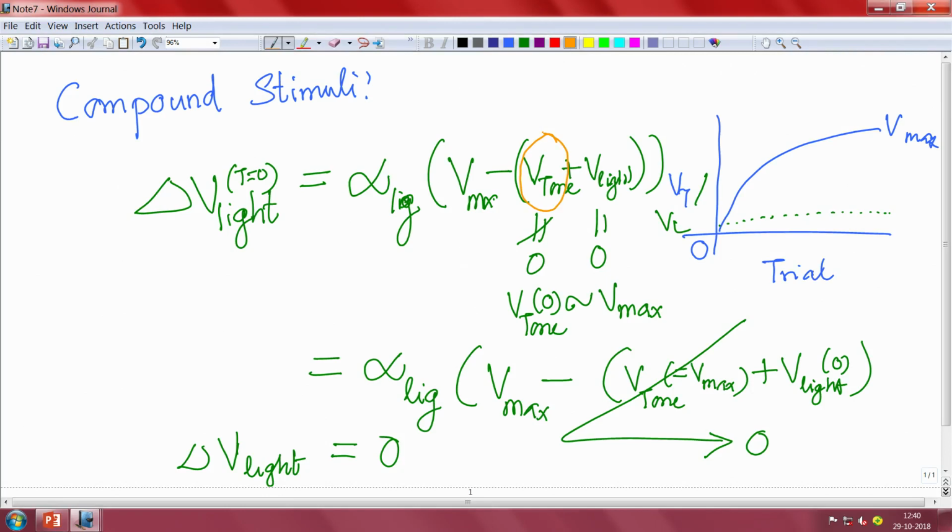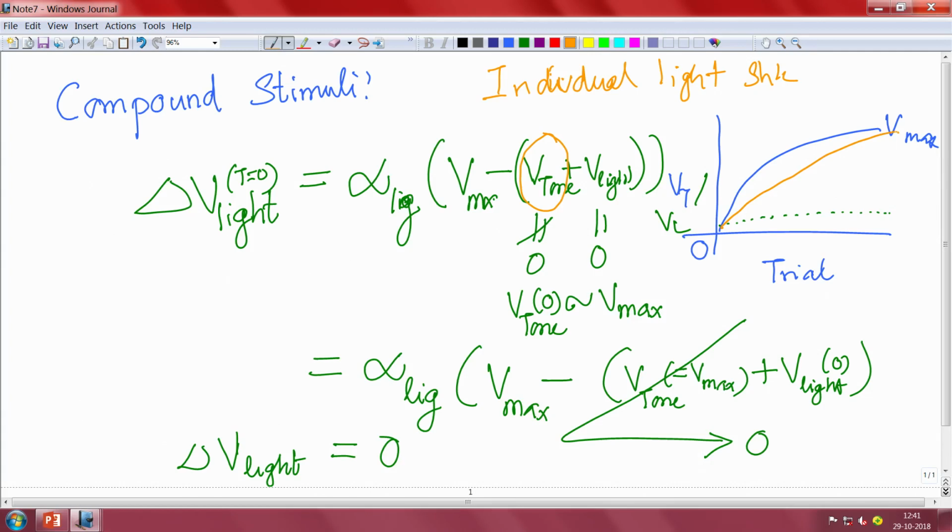In such a case it learns just like regular learning. So, to state it again, in an individual light shock pairing, granted the alpha could be different, but the V max is the same, they might reach this beautiful learning curve.